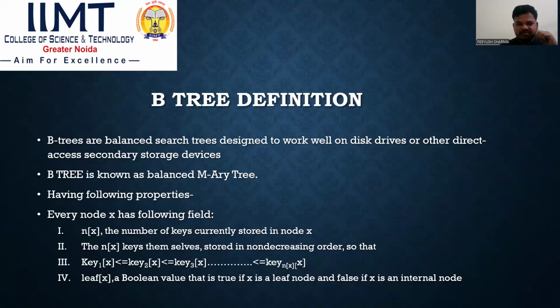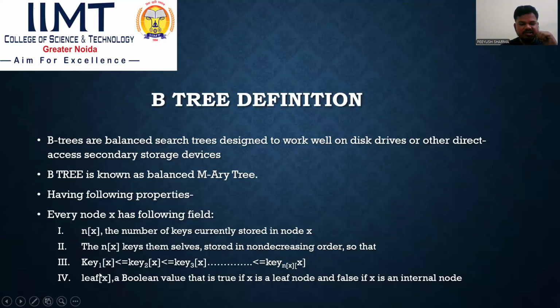So in the next property we can see key 1 of x is less than key 2 of x, and key 2 of x is less than key 3 of x, and so on. Key nx of x is the biggest in a particular node. The maximum key is stored at last, right?